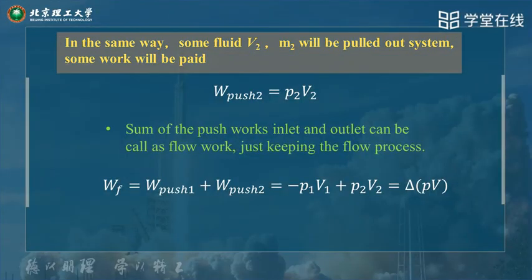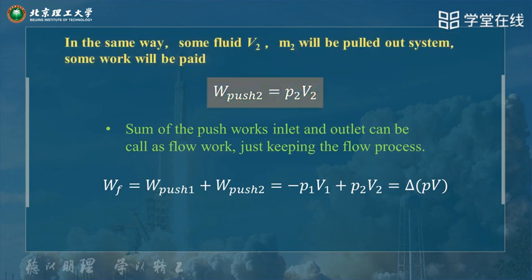In the same way, some fluid V2, M2 will be pulled out from the system, so some work will be done by the system. So W push 2 is P2 V2, with no minus. It is positive because it is provided to the outside.